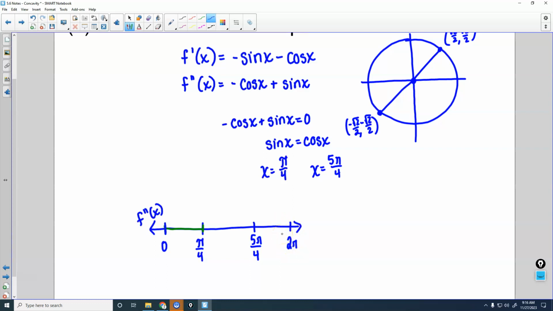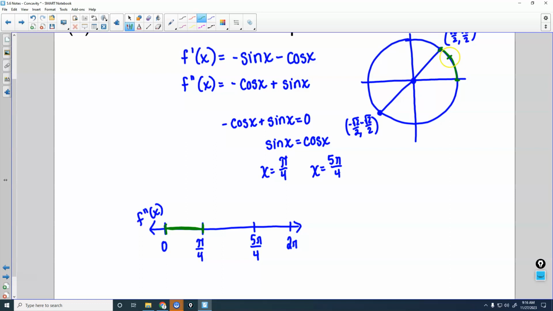Those aren't critical numbers, but they're endpoints of our interval. So this section, 0 to pi over 4, that's this section on our unit circle, right? It's going to be pretty safe to use 0 here. It is an endpoint, so there could be some weird things that happen at it.